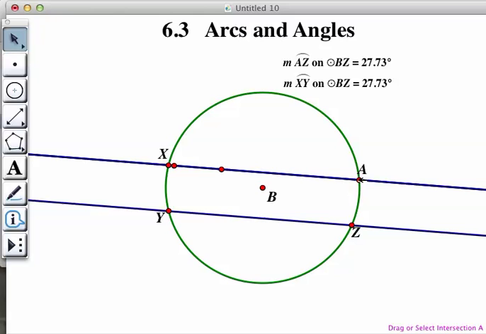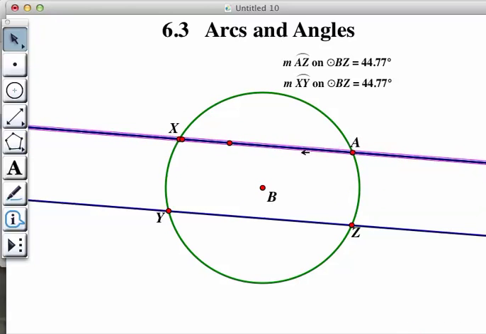So the distance from A to this parallel line is the same as the distance from X to this parallel line. And this arc measure, XY, will always be the same as this arc measure, AZ. So the arcs captured between two parallel lines passing through a circle will always be congruent.